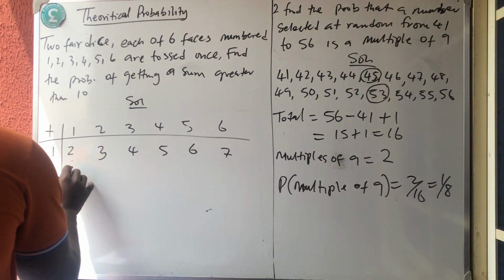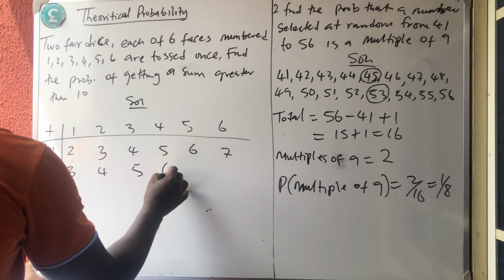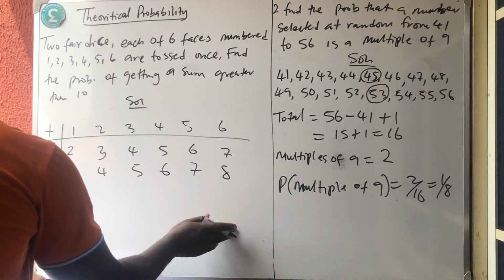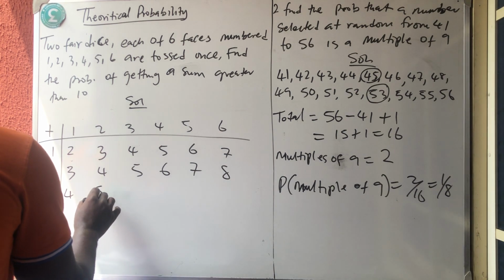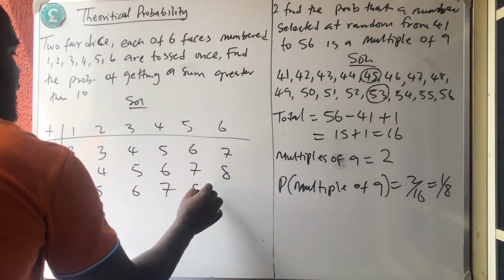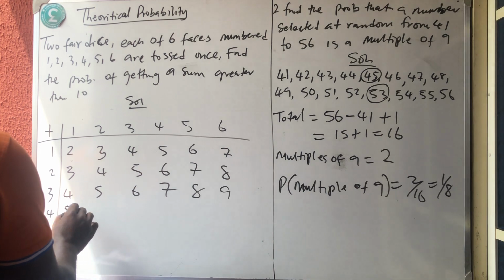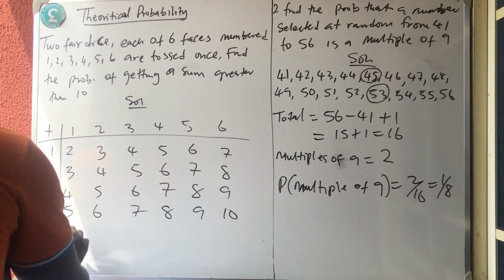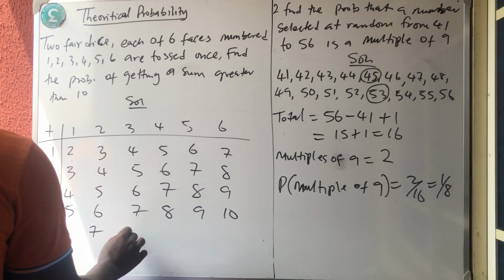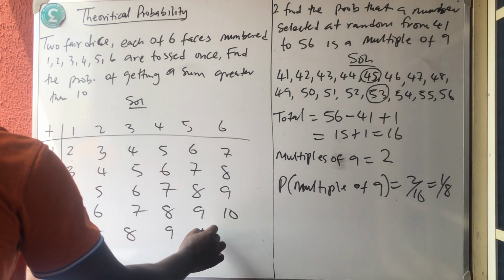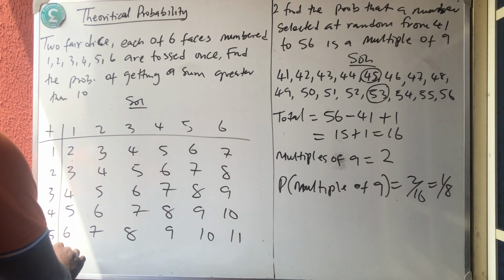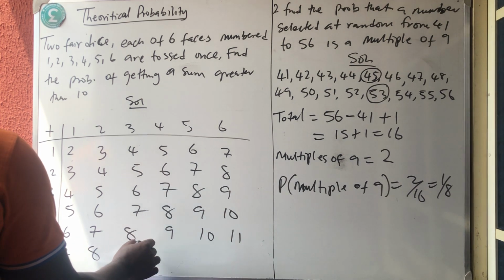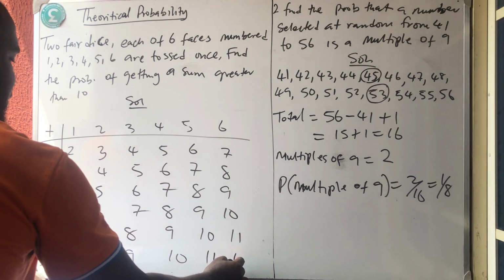Start from here: 3, 4, 5, 6, 7, and 8. Then 4, 5, 6, 7, 8, and 9. Then 5, 6, 7, 8, 9, and 10. Then 6, 7, 8, 9, 10, and 11. Then 7, 8, 9, 10, 11, and 12.